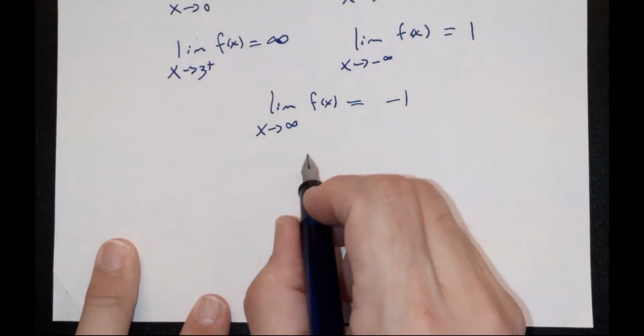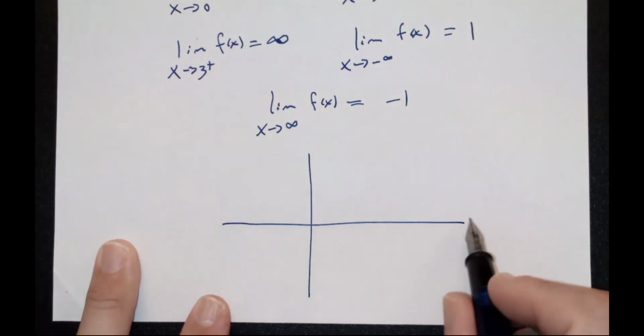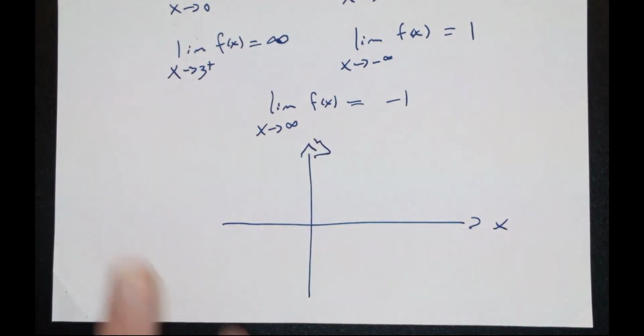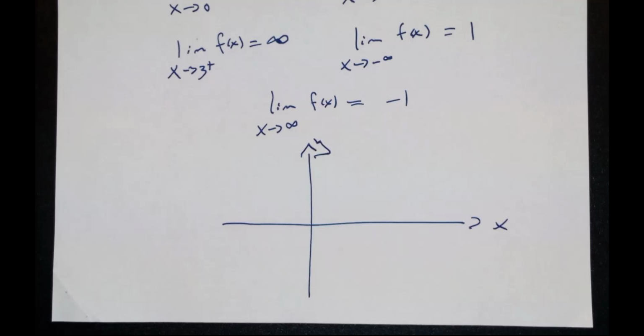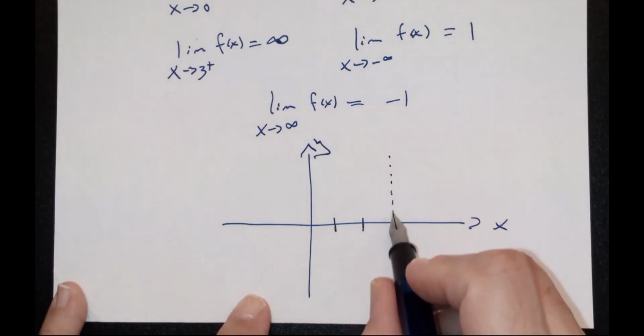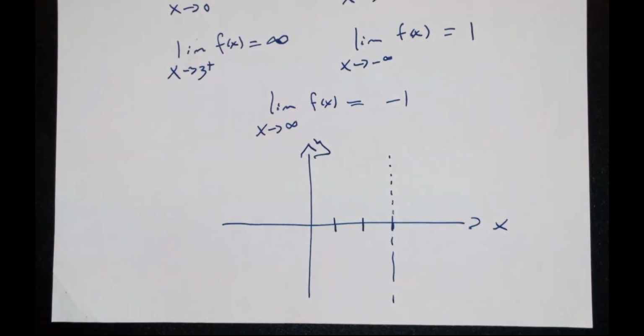I will have a vertical asymptote at x equals 0. I will have a vertical asymptote at 3. On the right side, when x is going to positive infinity, I'll have an asymptote at -1.